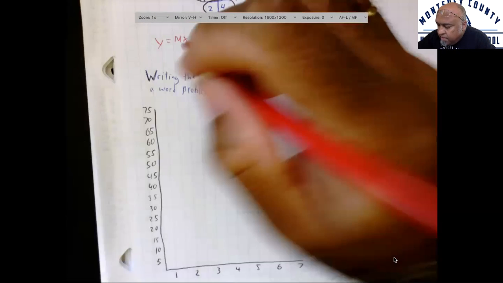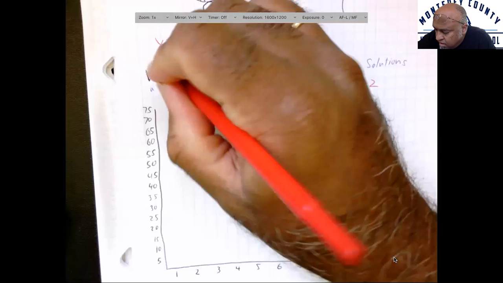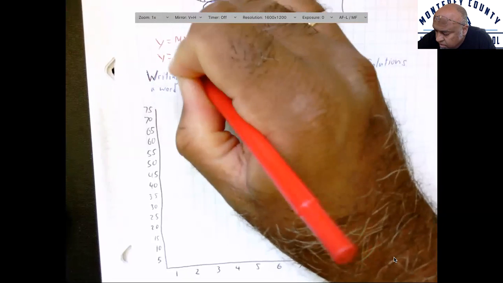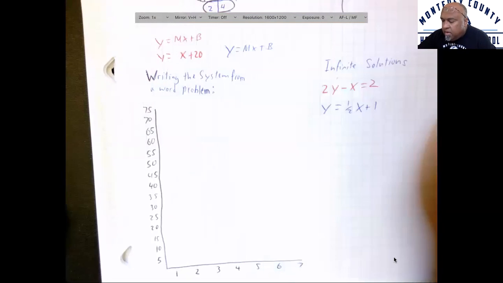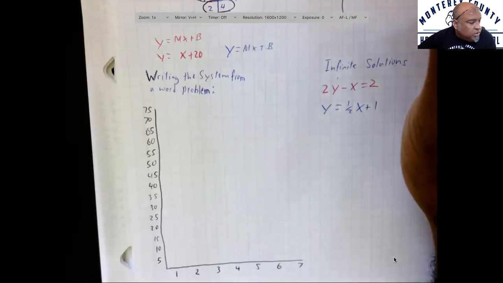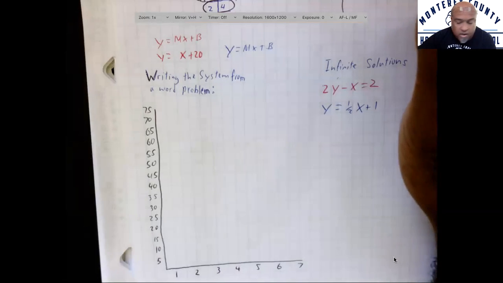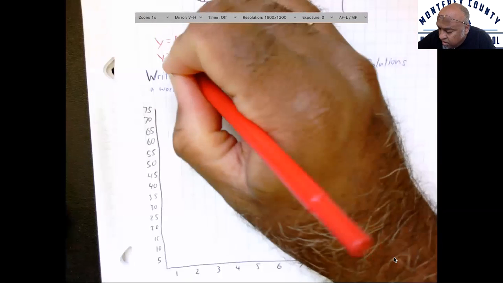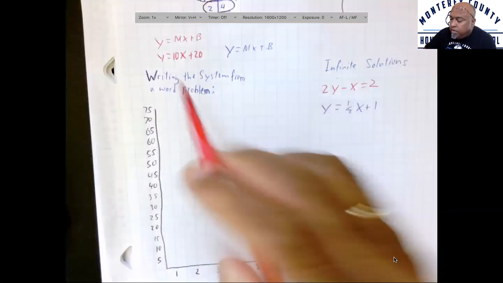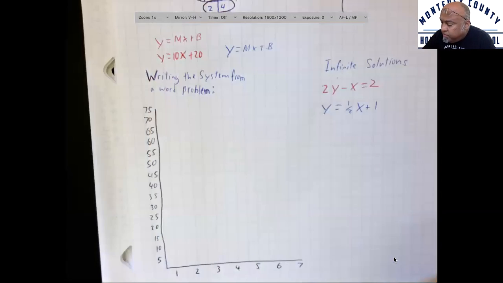Now, usually the number that represents the slope, or m, is going to be the number that's multiplied. Okay, so it says one satellite radio service charges $10 per month. Now the word per should clue you in that that's going to be times. So that would be 10. So now we have our formula, our equation. y is equal to 10x plus 20.